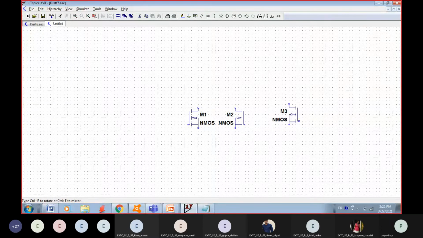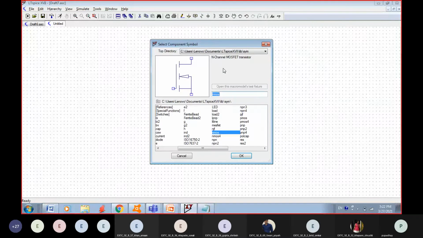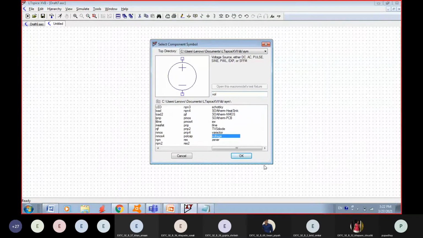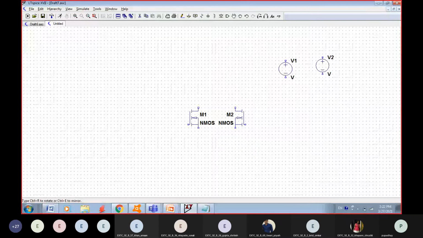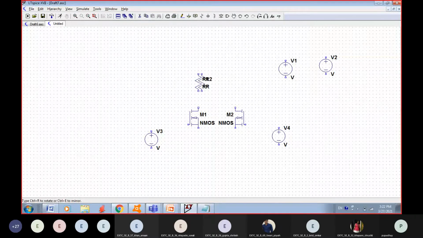Then we will require some voltage sources: one for VDD, another for VSS, and one for the input signal. And then we'll require a couple of resistors, RD and RS. Let's fix them here and here, and let's wire them up. You can just take this.